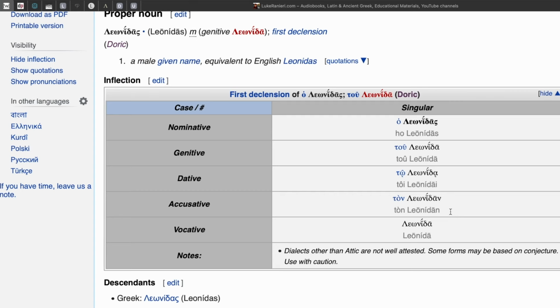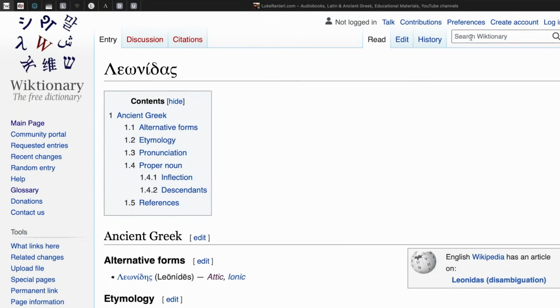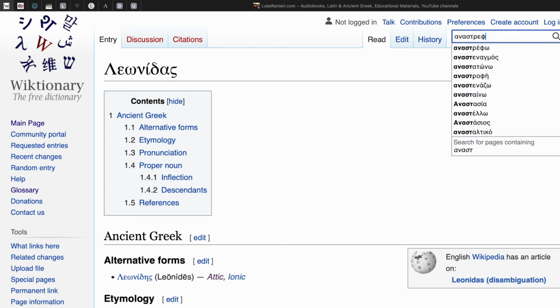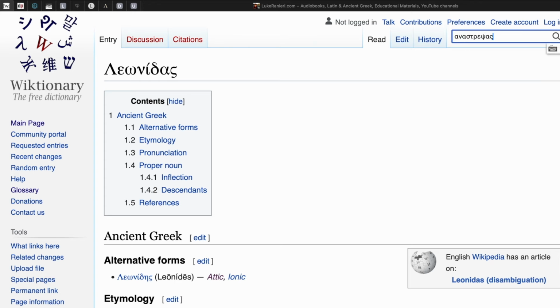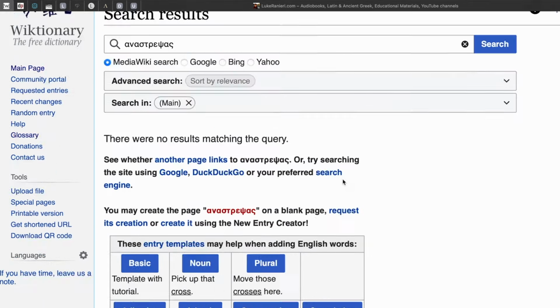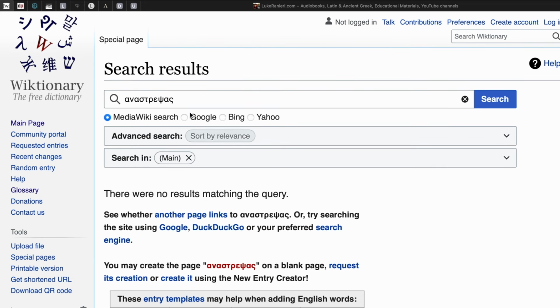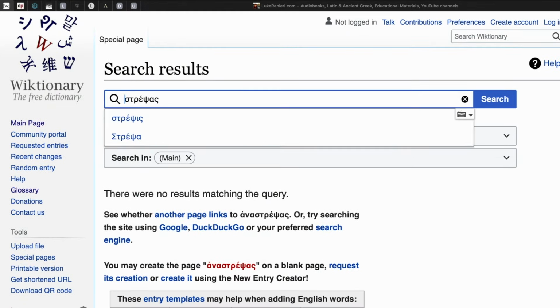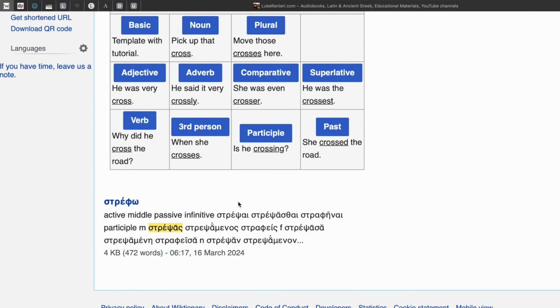Let's go to Wiktionary. Maybe if I actually type the whole word, anastrepsas, into Wiktionary. Oh, nothing. Well, that's not helpful. Wait a minute. Maybe I just need to write the accents. Does that help? Nope. Okay. Let me get rid of the ana and then see what happens. Okay.